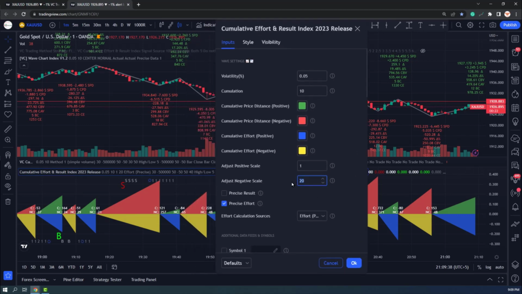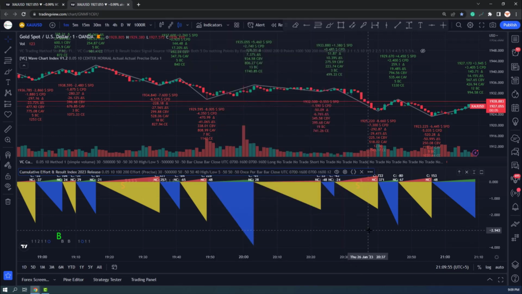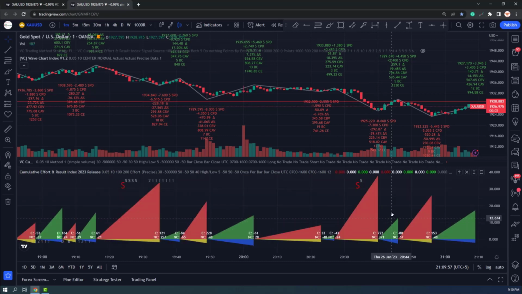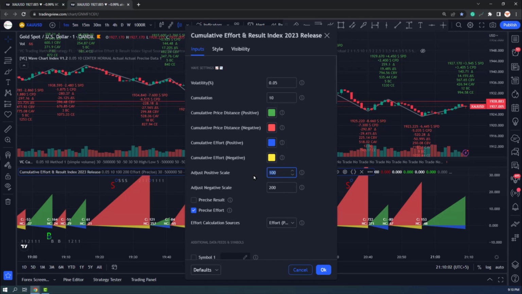Instead of decreasing the negative scale, which is 200, you can increase the positive scale as well. For example, I increase the positive scale to like 100. Let me adjust it like 20.